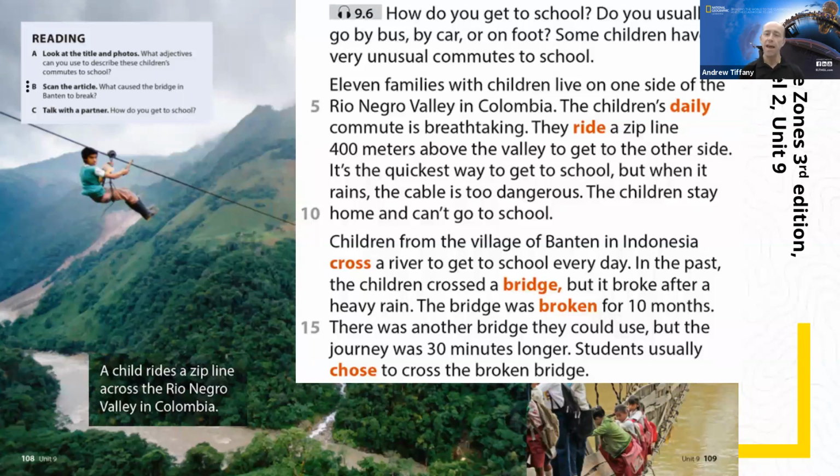And in both cases, the students have a choice. The first one is to choose to use the zip line or not. And the second one is to choose to use the broken bridge or choose to go further and use a safe bridge. But yeah, both of these are talking, as Angelito says, about obstacles going to school. But it's also interesting looking at how things are different as well.